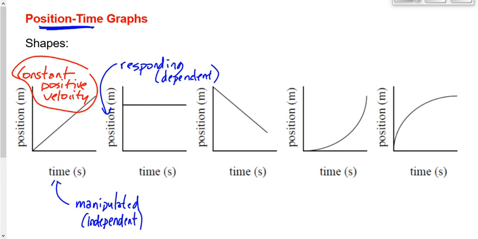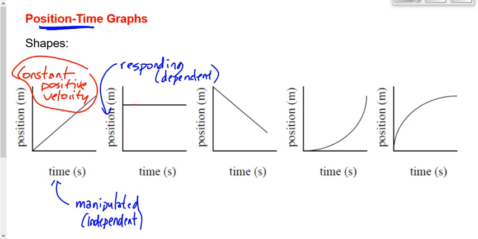It's also a straight line. Is it also constant velocity? Yeah, it is constant velocity in a sense, but it's specifically a constant velocity of 0 value, right? Look at it.